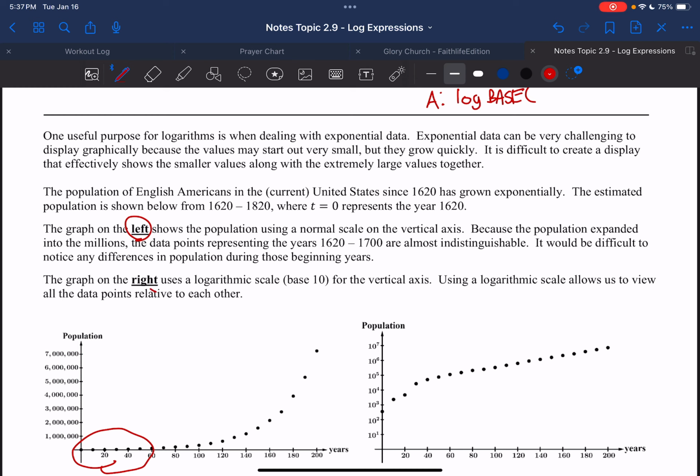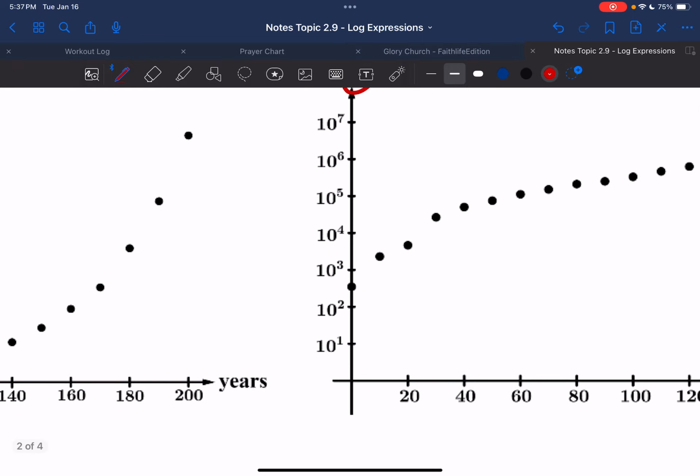The graph on the right uses a logarithm scale. So this scale over here is base 10. So I'm going up by 10. So 10 to the 1, that's 10, 100, 1,000, 10,000, 100,000, right?